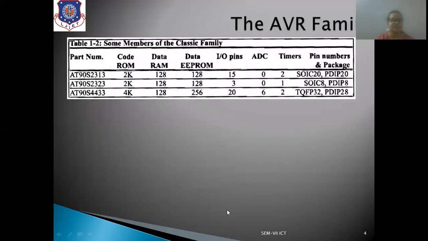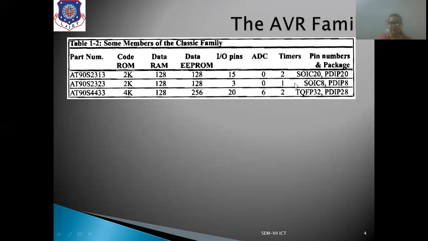Now we will see some members of the classic family. In table format, it is shown as the classic AVR. There are three parts, that is AT90S followed by the series numbers 2313, 2323 and 4433.